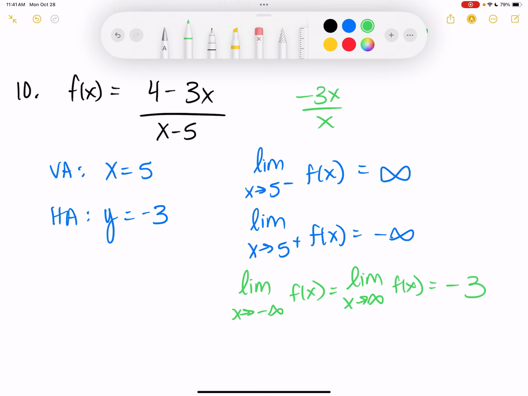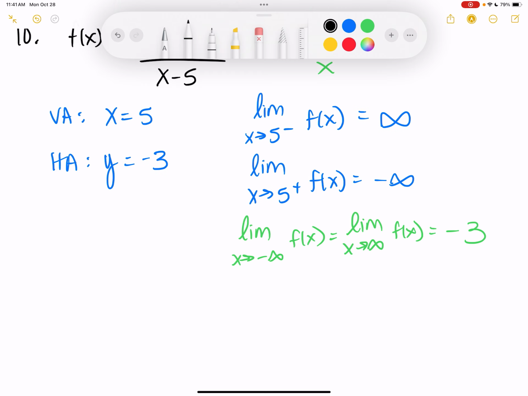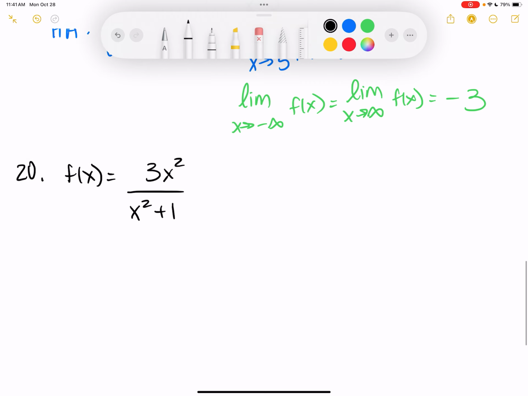Okay, 20 is a different section, but you're doing the exact same thing we just did in those ones. So number 20, f of x equals 3x squared over x squared plus 1. So what's my vertical asymptote?